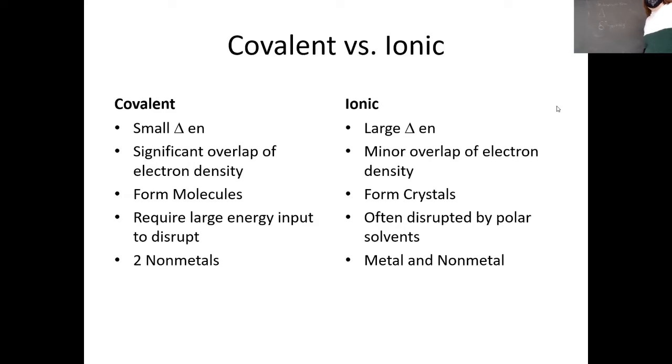If I have minor overlap of electron density, I have very little share. So the result of this is that covalent interactions are found most commonly in molecules. Nonmetals tend to form molecules. But ionic interactions tend to result in crystals.